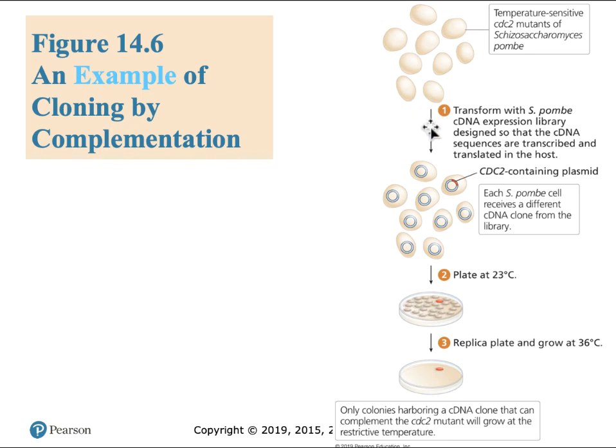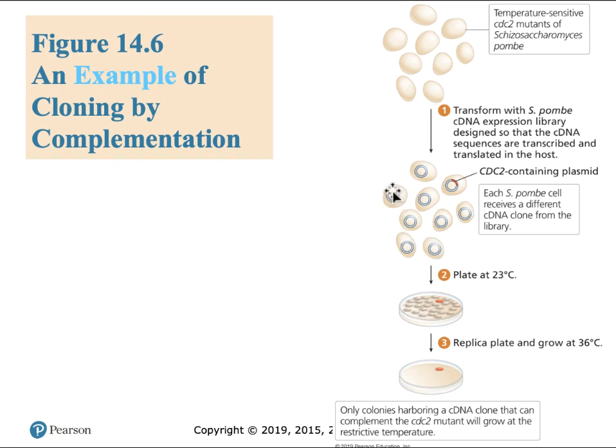The next step in the analysis is to subject all these cells to some type of transformation where they pick up these plasmids containing a copy of a gene that expresses itself. So now each cell has the potential to pick up different fragments of the genome of this yeast from a normal condition.